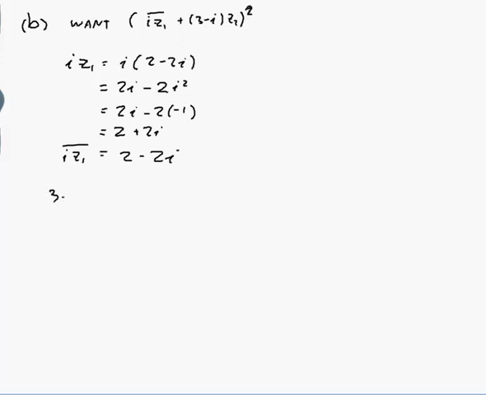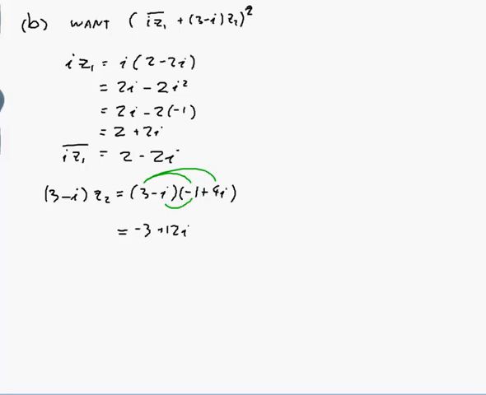3 minus i times z2 would be 3 minus i times minus 1 plus 4i. Okay, so let's see. 3 times minus 1 is minus 3. 3 times 4i would be 12i.